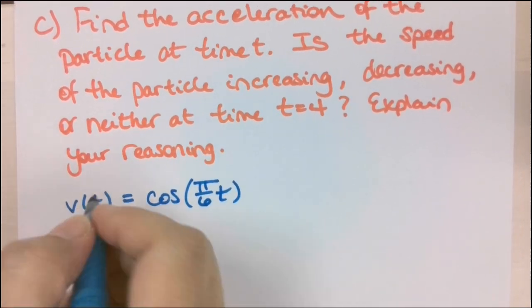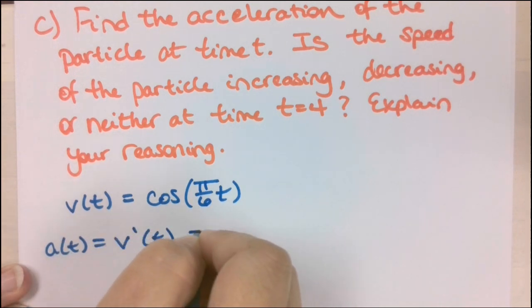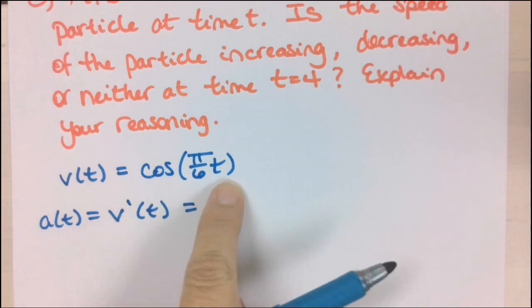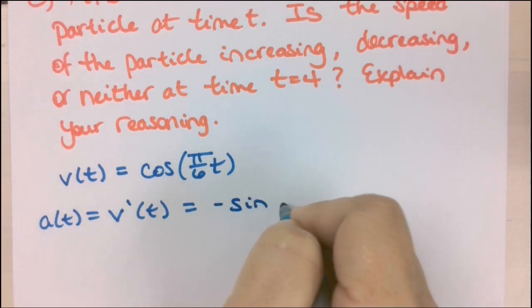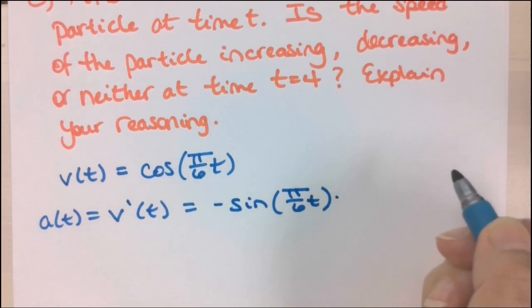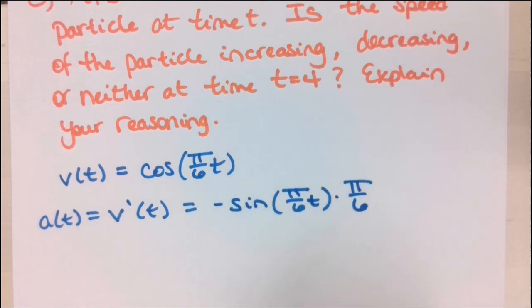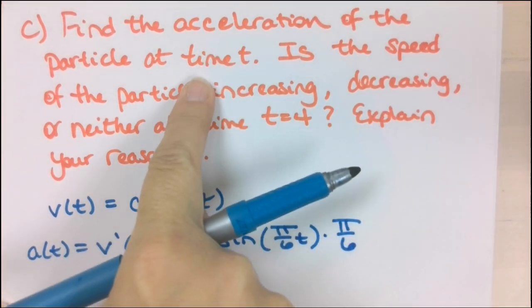So first, let's find acceleration. That's v prime of t, and I've got to do a chain rule here. The derivative of cosine is negative sine of pi over 6t times the derivative of pi over 6t, which would be pi over 6. So that's the first part of the question. We have the acceleration at time t.